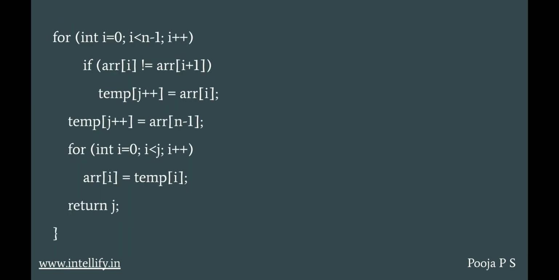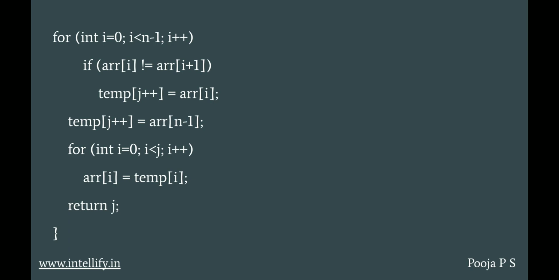And here we are checking the for loop, that is we are traversing the elements here, and in this if condition we are checking if the current element is not equal to the next element, then we are storing that current element to the temporary array here.